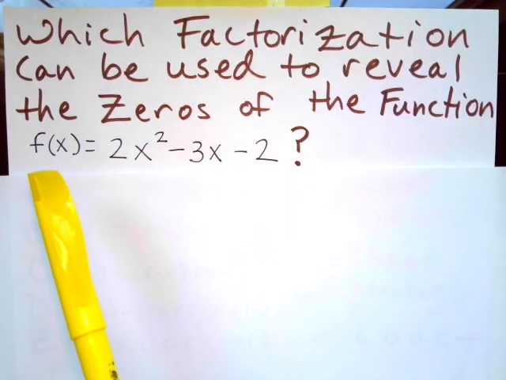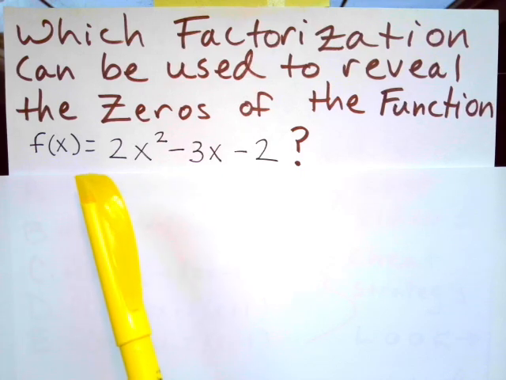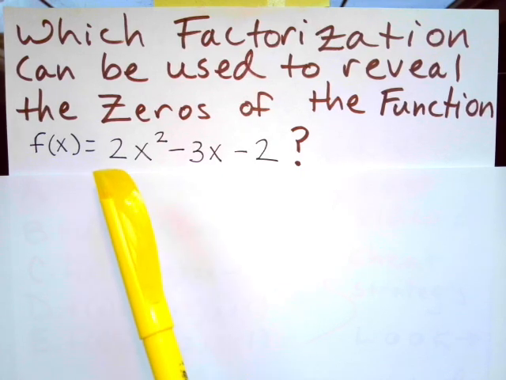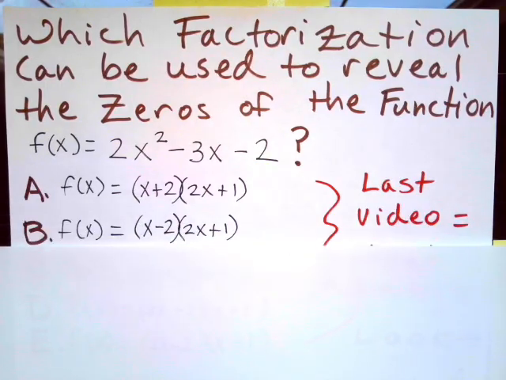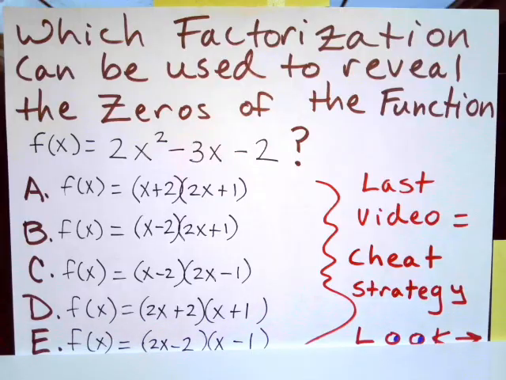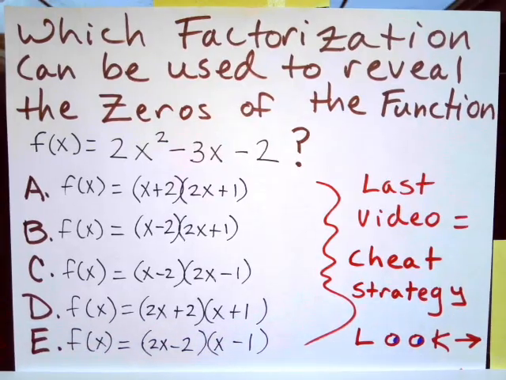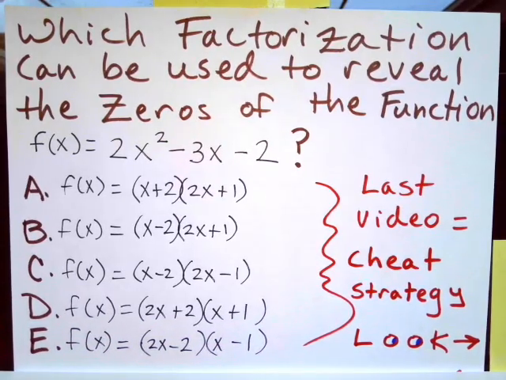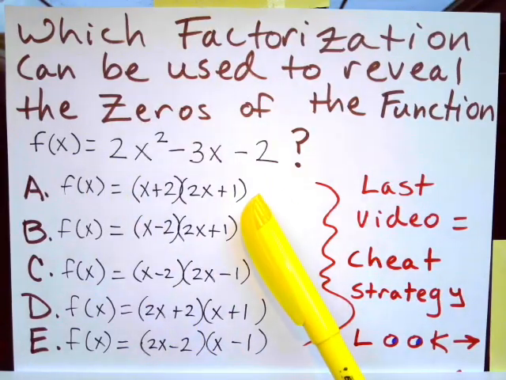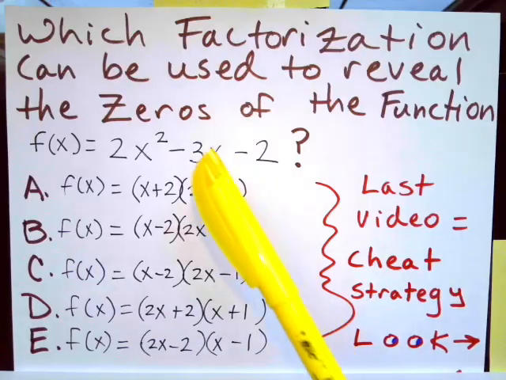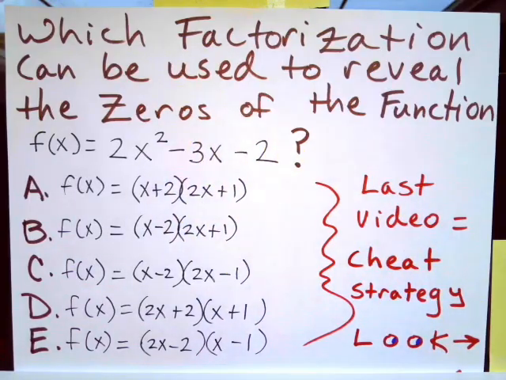You could graph this equation: 2x squared minus 3x minus 2. Which one, A, B, C, D, or E, gives you the correct factorization of this equation in order to find the zeros of this function?